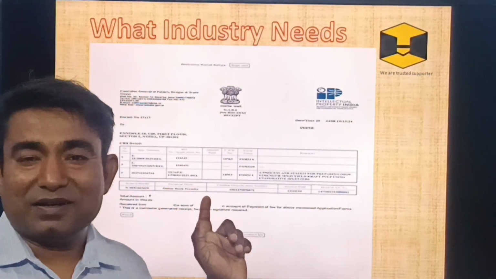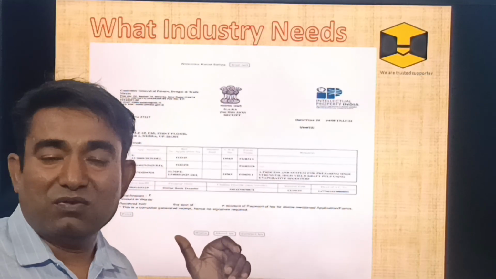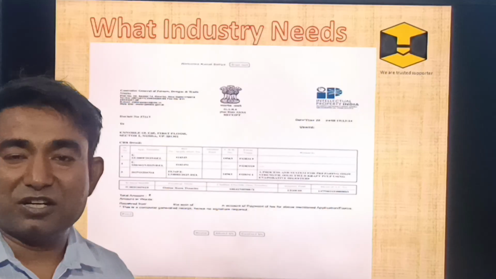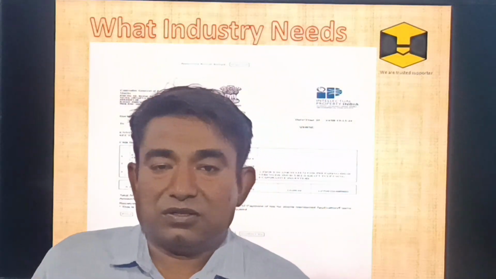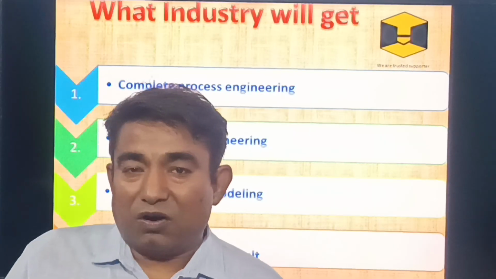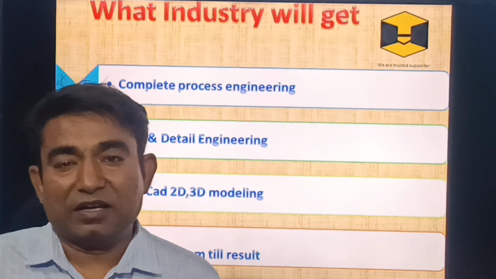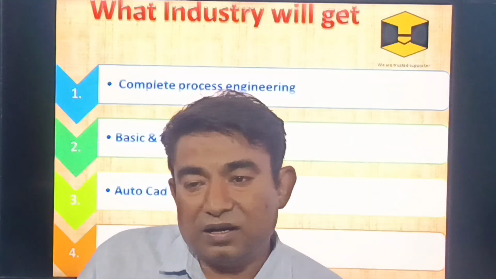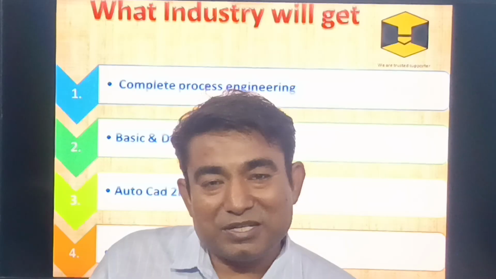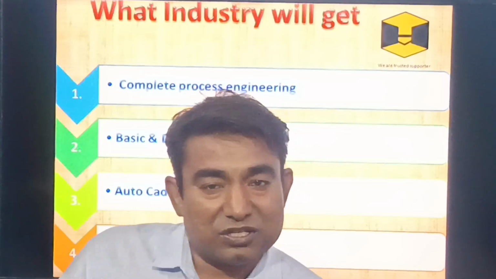So what is the next? It is a new patent filing, the evaporative batch type digester, to increase the yield of the pulp. So what will industry actually get by collaborating with us? Industry will get complete process engineering: how it works, how to preserve our yield, how to preserve our cellulose and hemicellulose in this system.